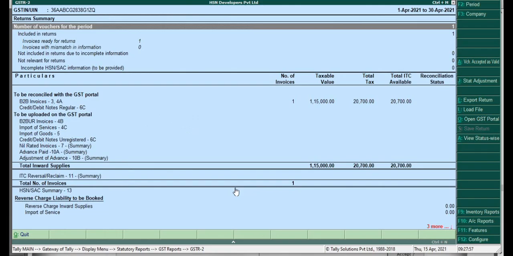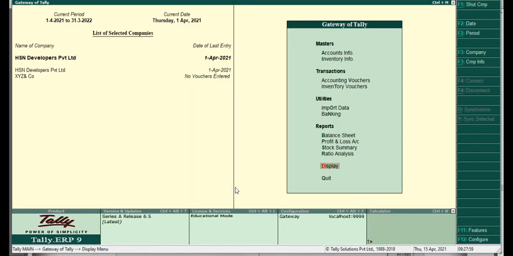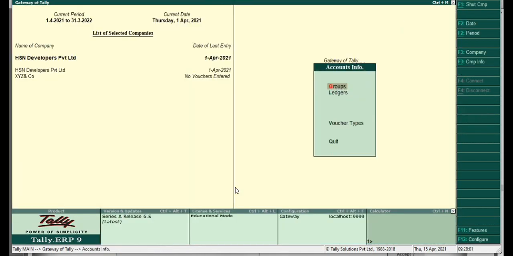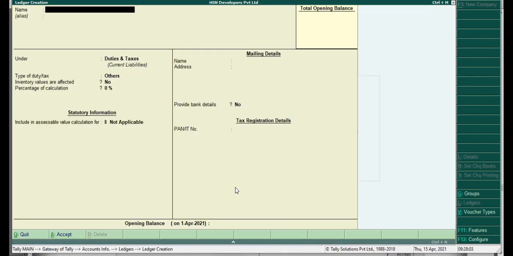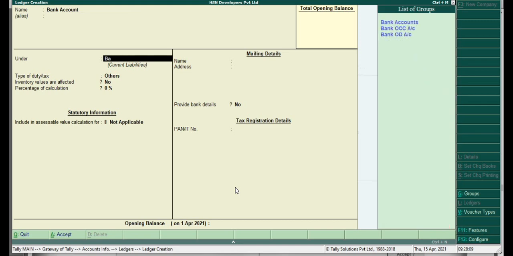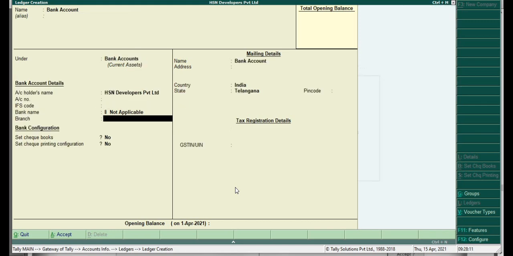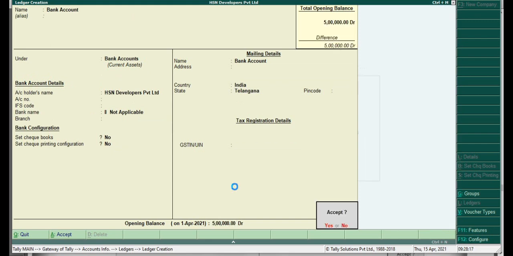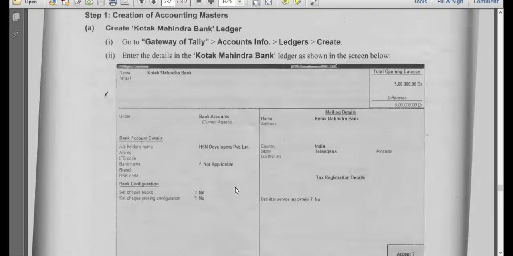First I am creating a ledger for bank account under bank, with an opening balance of 5 lakhs. It is for general payments.